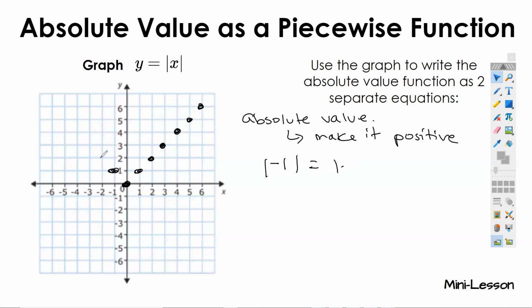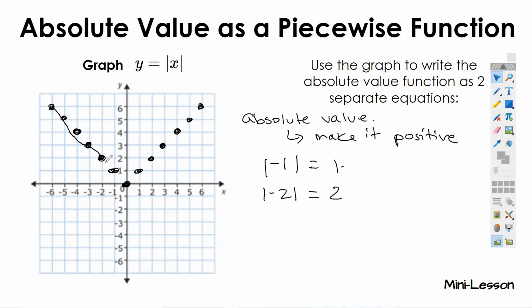What would that give me? If I plugged in -2 into the absolute value, what would that give me? Positive 2. So we would have the point -2, 2. Same thing would happen for -3, same thing for -4, and so on and so forth.